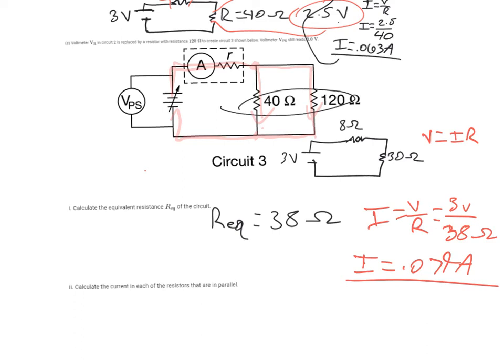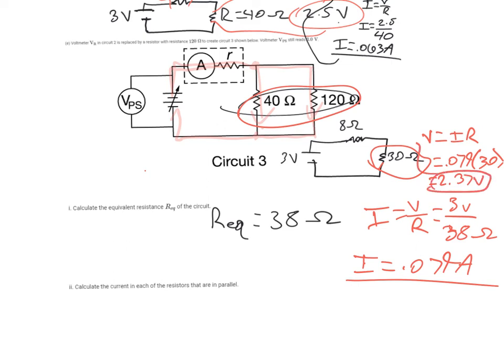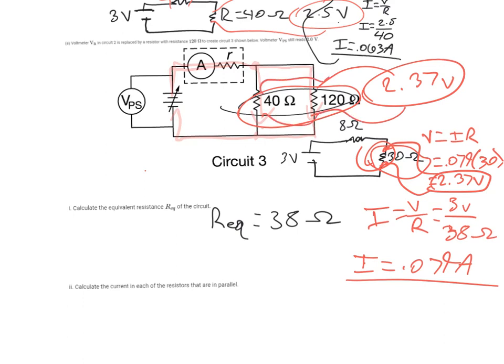It doesn't ask you for that, but you need it to find the voltage across this resistor, which is the combination of these resistors. So this is going to be 0.079 times 30, which is 2.37. So this is going to get 2.37 volts across it. Of course, the other will get the rest, but we don't really care. And if this resistor is getting 2.37, that means both of these are getting 2.37 volts.